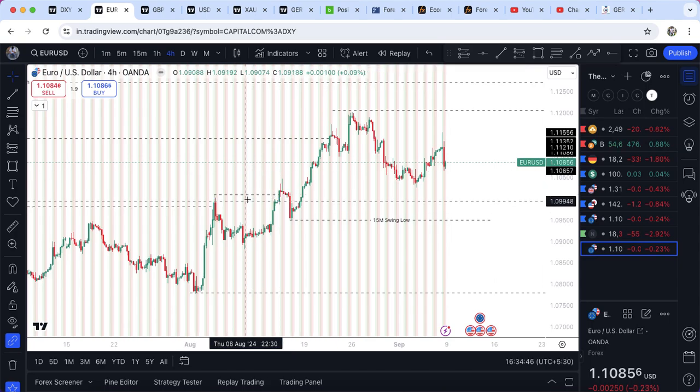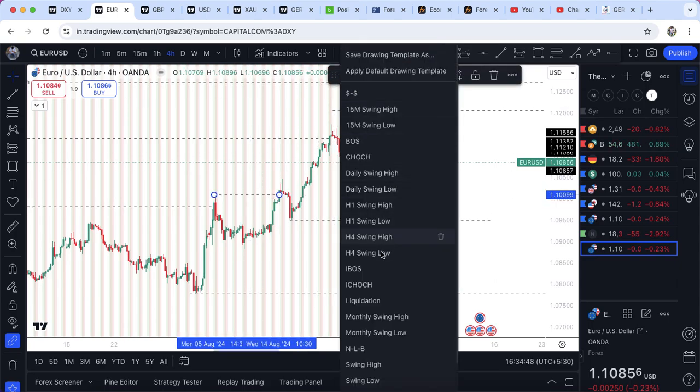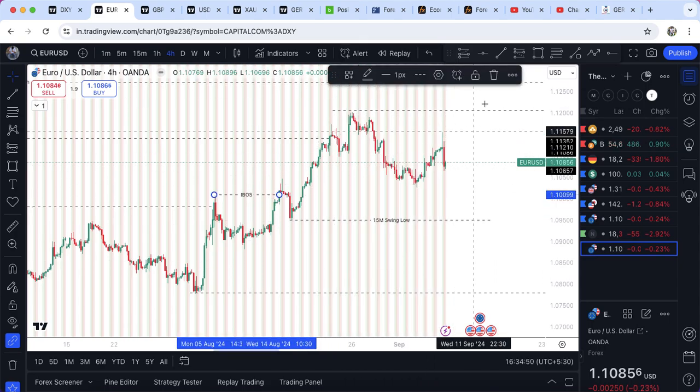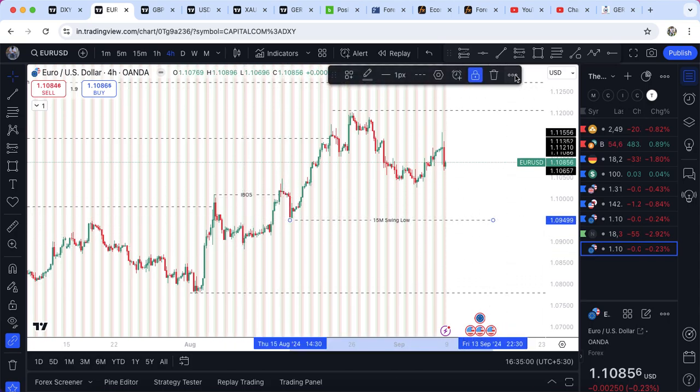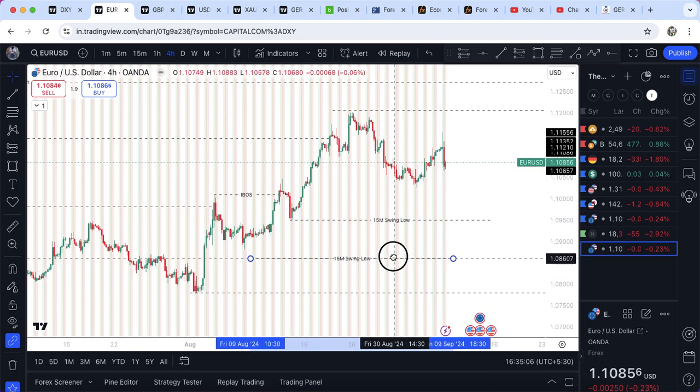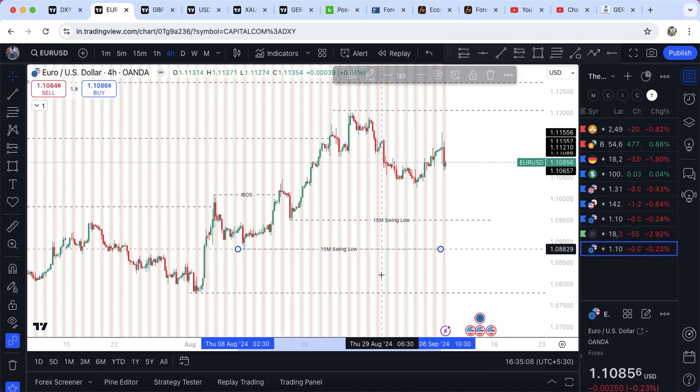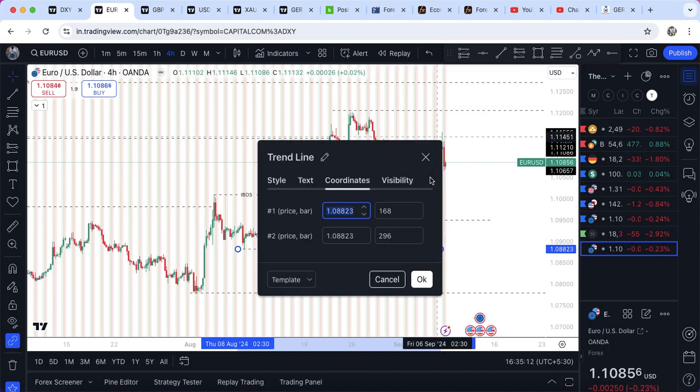All these are internal structures. So this low put in this high, and this high put in this low, broke this and came and put it there. So there is still a potential low over here as well. They are all points of interest where the trades are coming into.